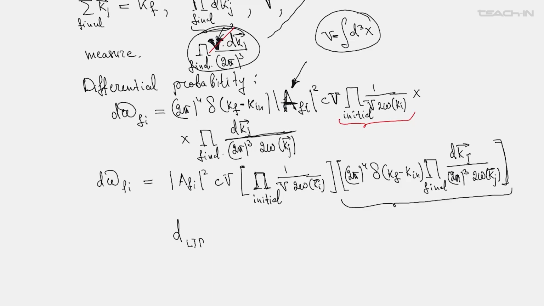And this d LIPS is this quantity here: (2 pi)^4 delta function of k final minus k initial, and then the product over all final states of dk_j divided by (2 pi)^3 2 omega k_j.